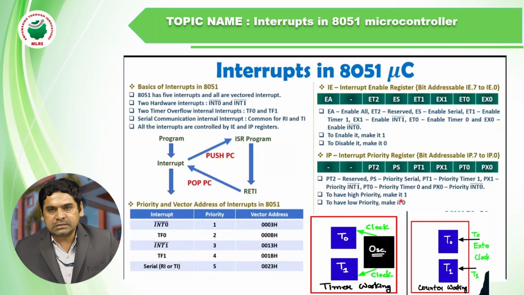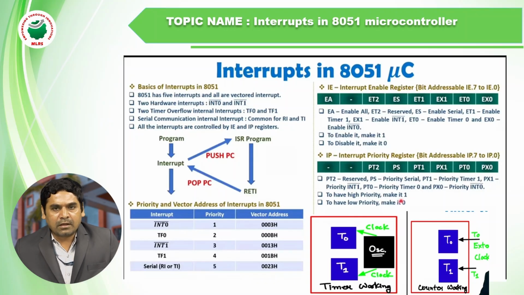Here H represents hexadecimal notation, a 16-bit address, where each digit is represented by 4 binary digits. So the vector address is 0003H.